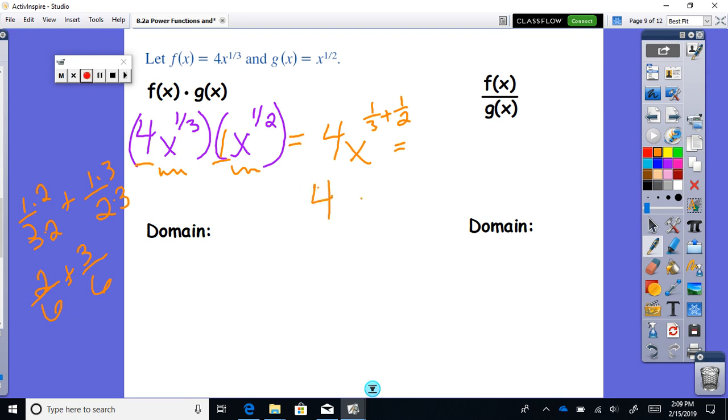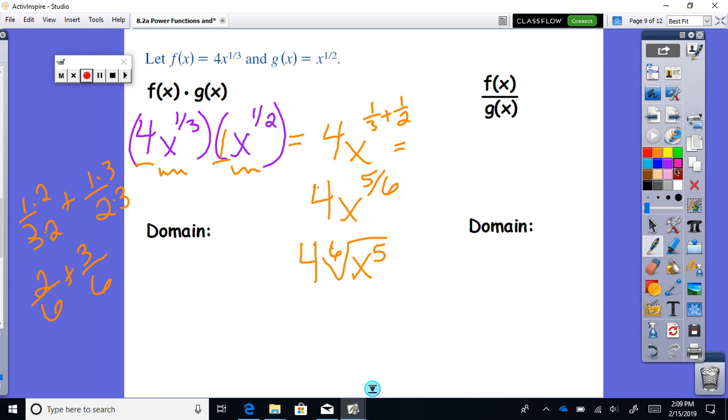So 4x to the 5/6. Now if I'm thinking domain, again I want to think about maybe in root form instead. So this is going to be 4 the 6th root of x to the 5th power.